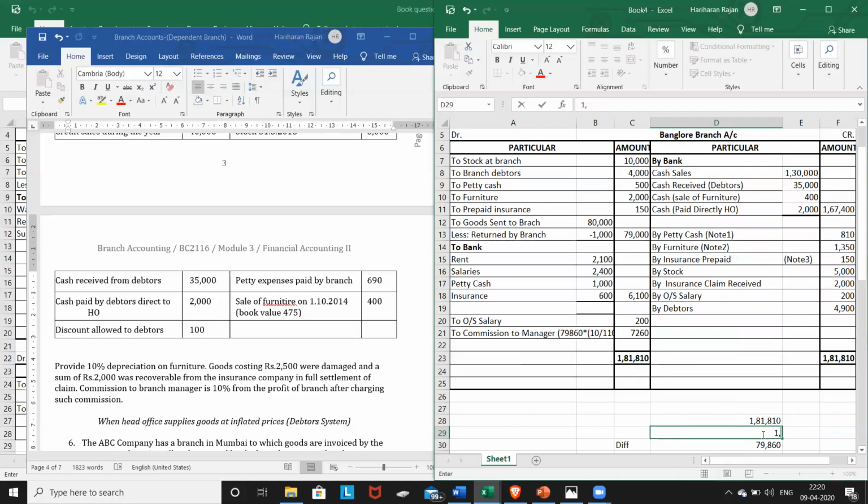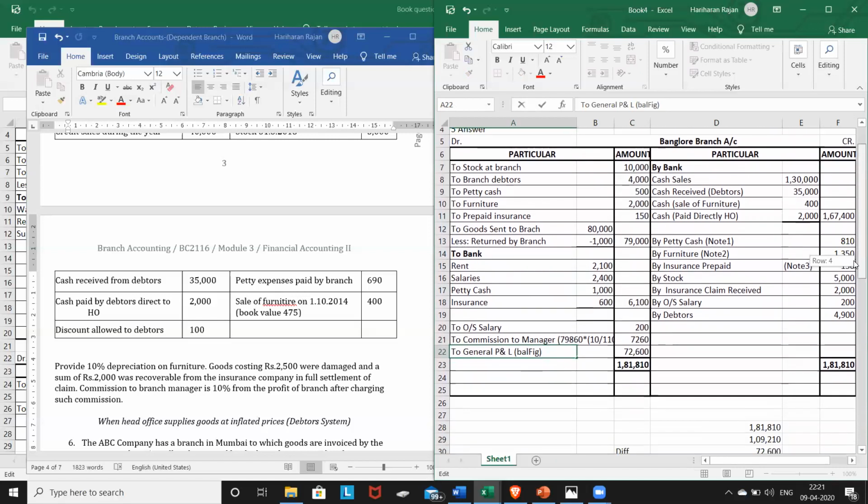The answer is 72,600, and this is nothing but the profit, so the difference is on the debit side, to general profit and loss plus balancing figure, 72,600. Please make a note of it.